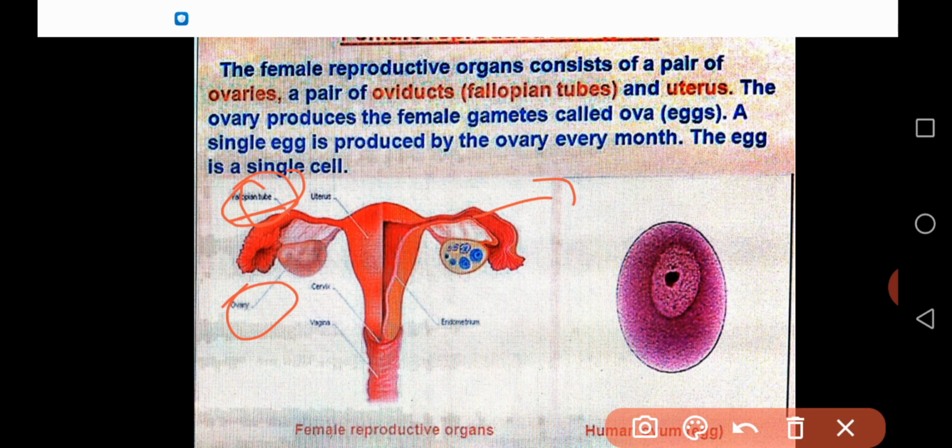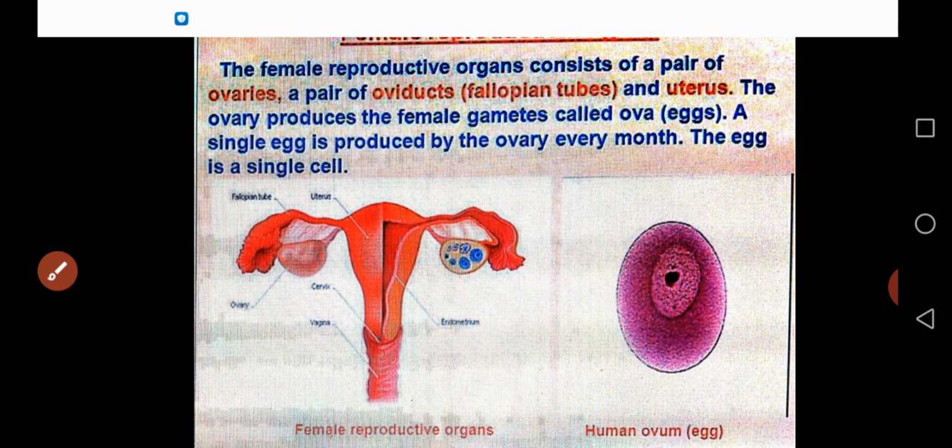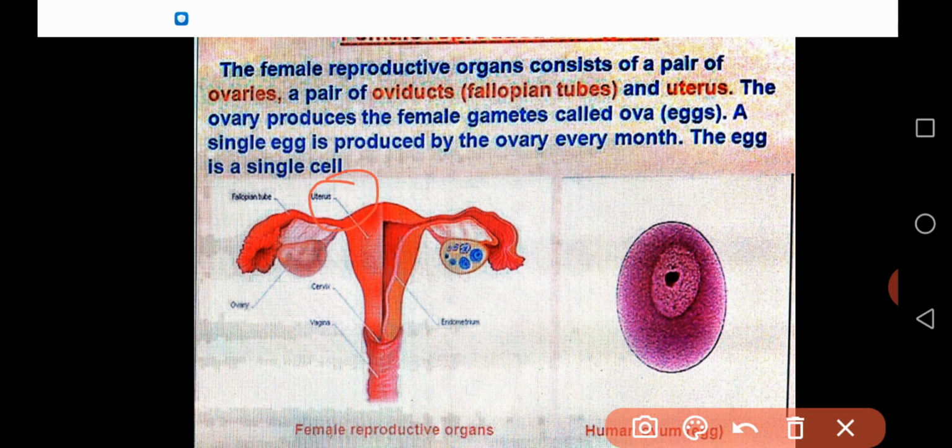Another very important part of the female reproductive system is the uterus. This part is what we call the uterus. The two oviducts, or fallopian tubes, unite into an elastic bag-like structure. This is one fallopian tube and this is another.